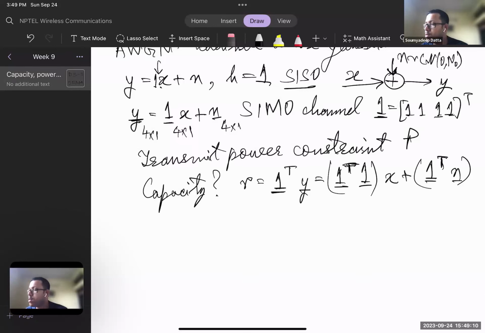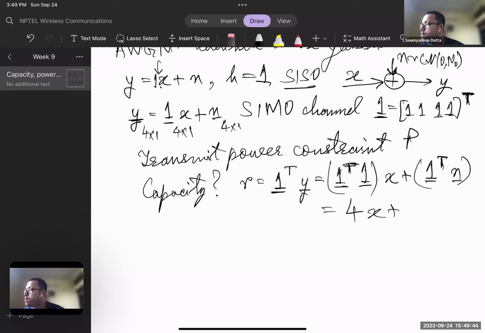This is your received symbol, R. At the receiver end, you're just adding up signals from all of the 4 antennas. So 1 transpose 1 is a row vector times a column vector, so it will just add up to 4.